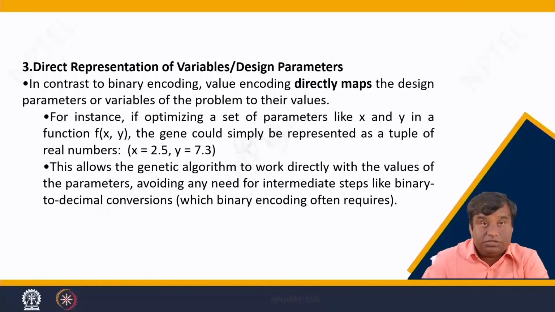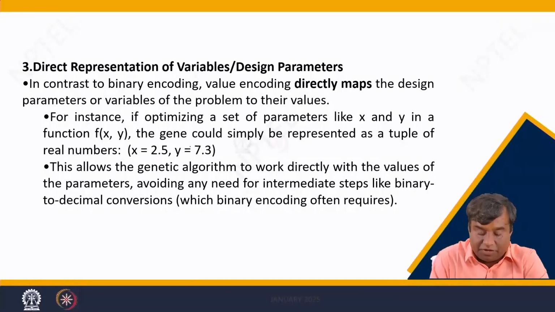The third one is the direct representation of variables, that is, design parameters. In contrast to binary encoding, value encoding directly maps the design parameters or variables in the problem to values. For instance, if optimizing a set of parameters like x and y in a function f(x, y), the gene could simply be represented as a tuple of numbers, that is, x = 2.5, y = 7.3.